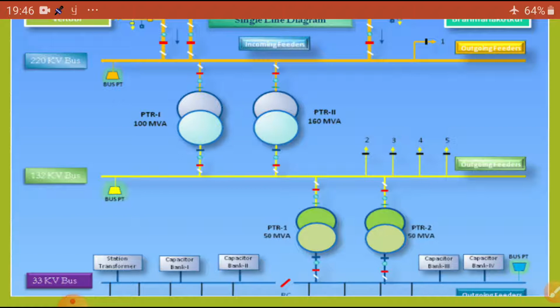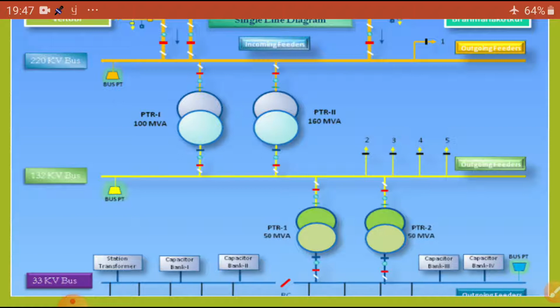At the same time, from an electrical point of view, the substations are also classified based on the location, whether the substation is an outdoor substation or an indoor substation, or sometimes underground substations are also present in real situations. Let us see these substations one by one with just one figure.